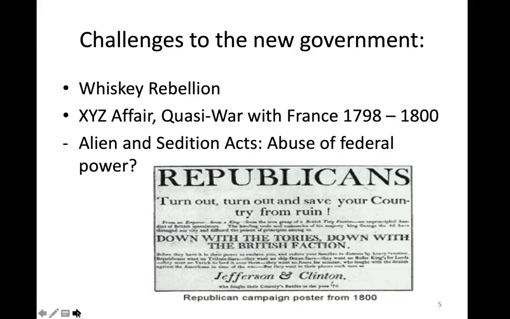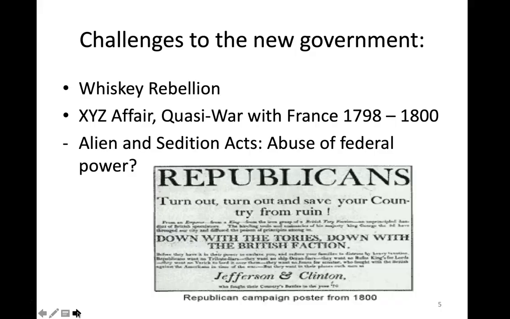And this basically insults France, and they start harassing our ships on the high seas and impressing sailors. To impress, quote unquote, sailors meant something different back then. It means to kidnap them and force them to work on their ships, those wooden ships on the high seas, which was a terrible job back then, by the way.